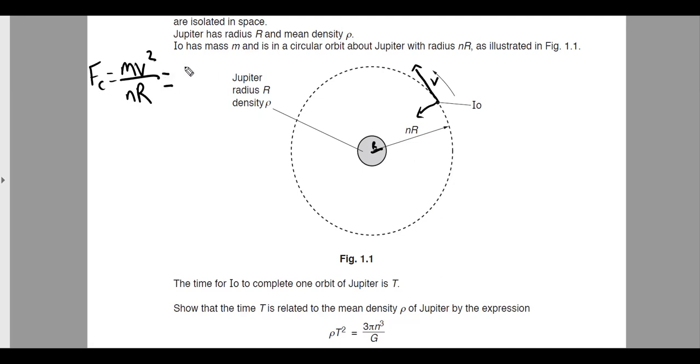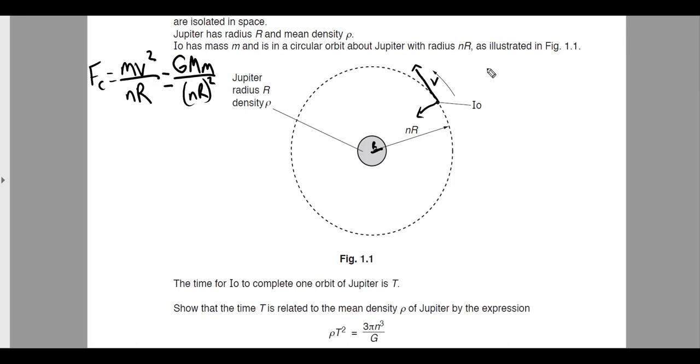It's provided by gravity. And we know that the equation for gravity is G M m over r squared, and r in this case is still nR, the way they've expressed it here. So we say the centripetal force, which in general is mv squared over r, has to be provided by gravity here. And so we set those two equal to each other.